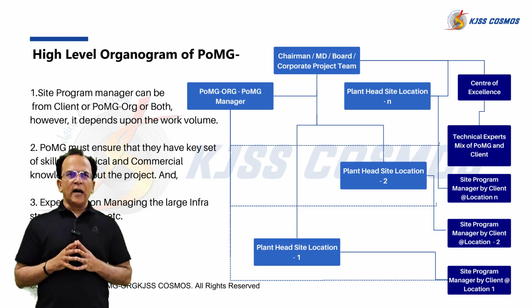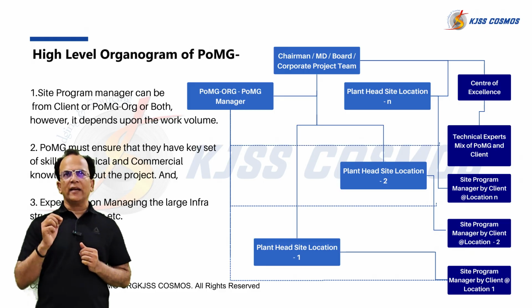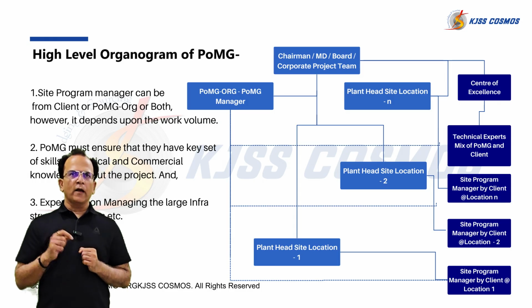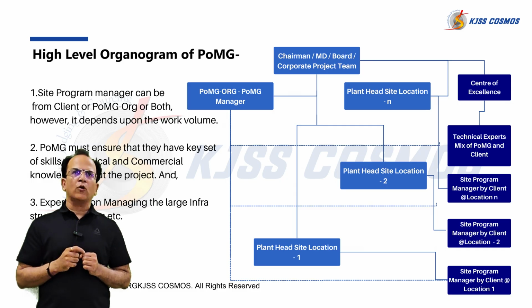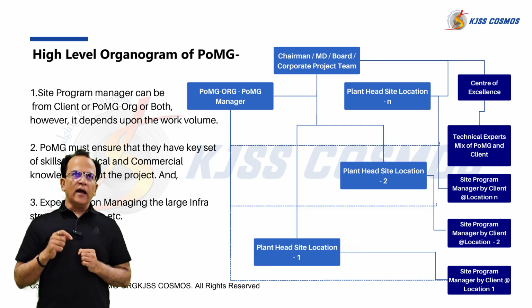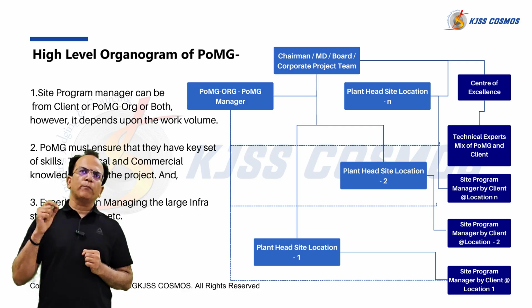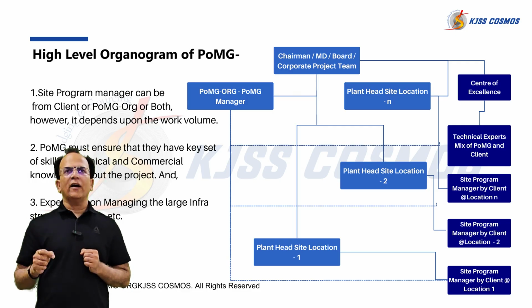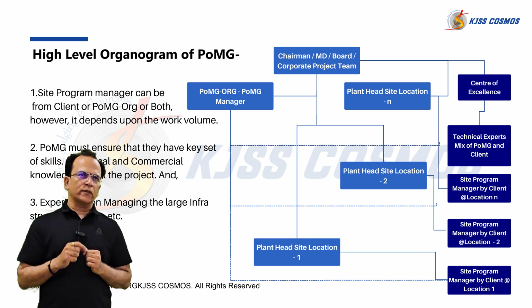So we can say that the site program manager is the client or PoMG organization's representative who controls project execution. In other words, for a large infrastructure project he should have experience, and the PoMG or the PMG must have the required technical and commercial knowledge.